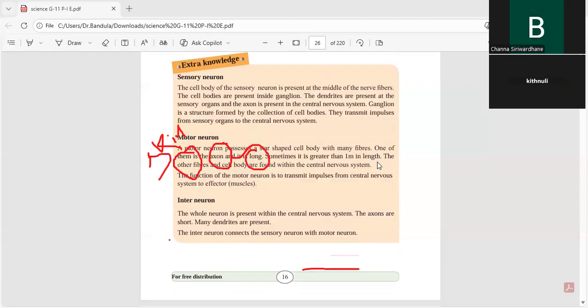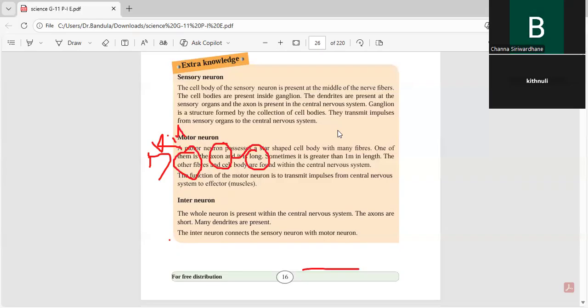Then the interneuron, that small one. It is in the spinal cord or the brain. The whole neuron is present within the central nervous system. Right? The axons are short. You saw, very small.